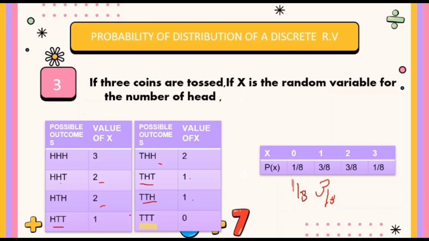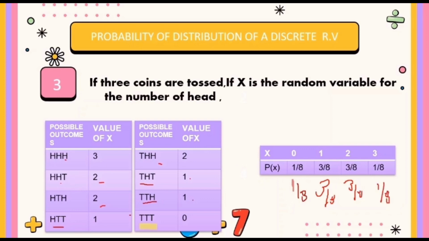That means 3, so it will be 3 out of 8. And how many of them consist of 3 heads? 1. So that will be 1 out of 8.